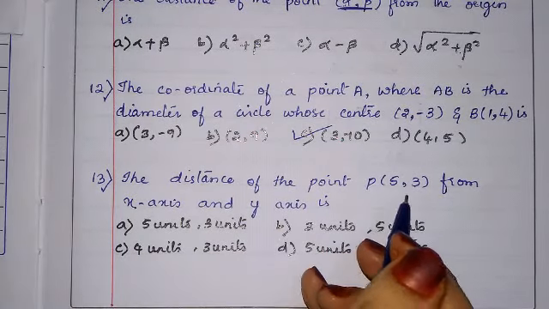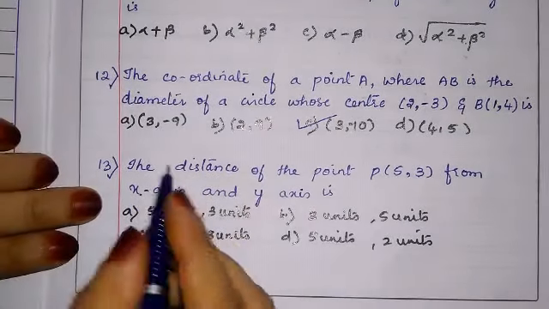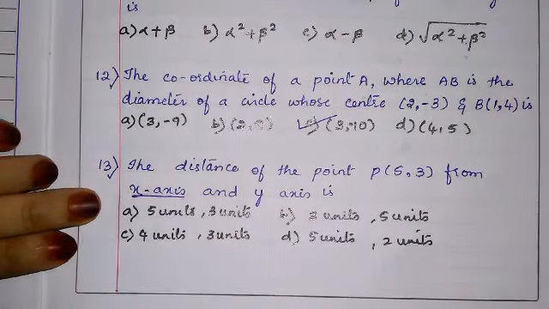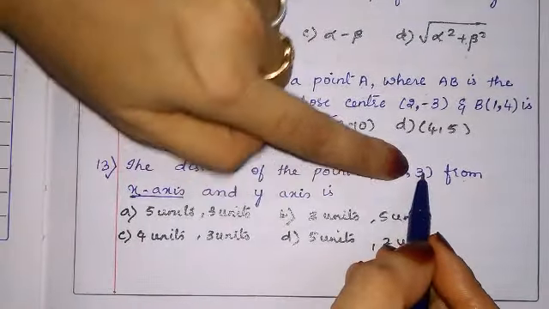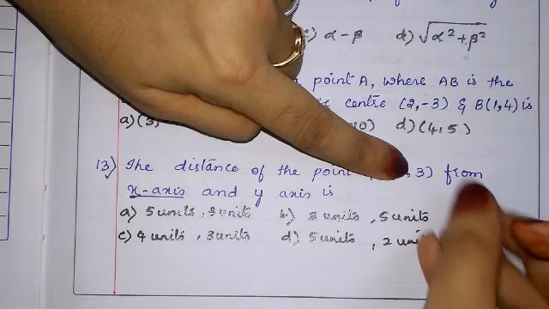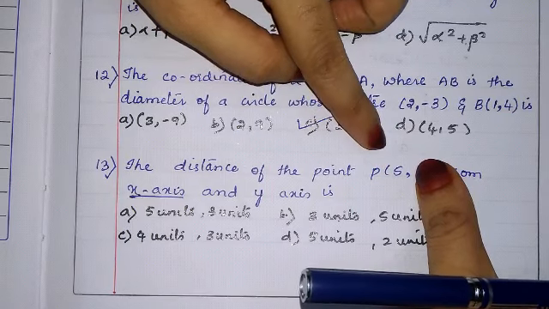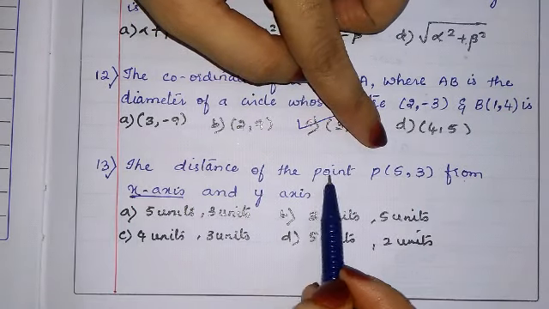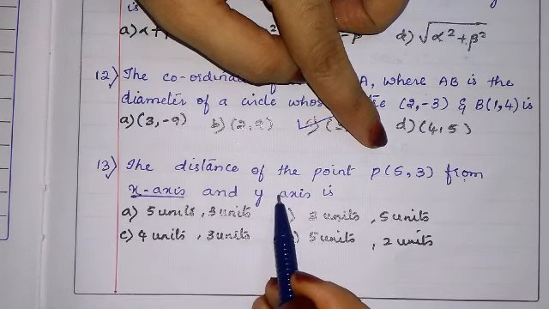This can be done directly also. How directly? From the x-axis, y is 0. If we consider from the x-axis, this point is 3 units, and from the y-axis it is 5 units. Just see properly: the distance of the point (5, 3) from the x-axis and y-axis.